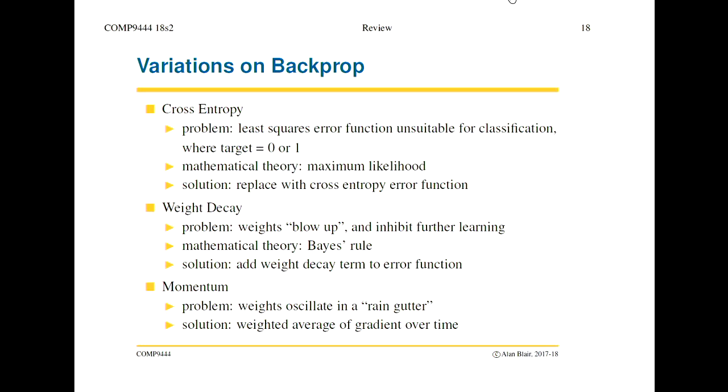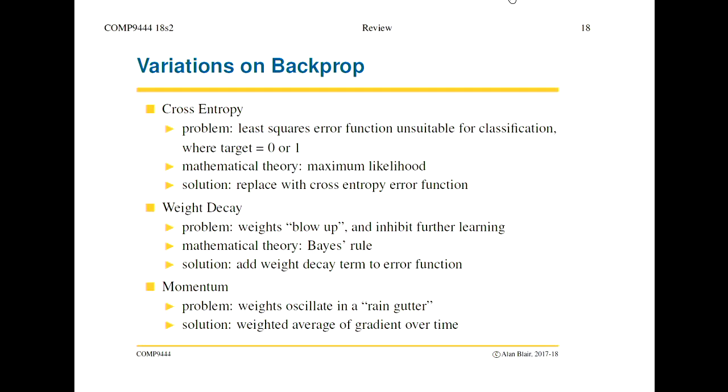And then weight decay. So we introduced Bayes' theorem, where we additionally have a prior probability on the size of the weights, and we say that we think smaller weights are more likely to occur than larger weights. And so we add an extra term in there to take account of that.